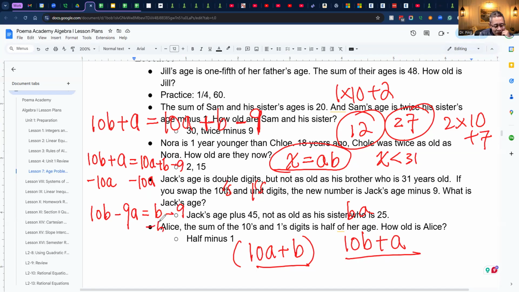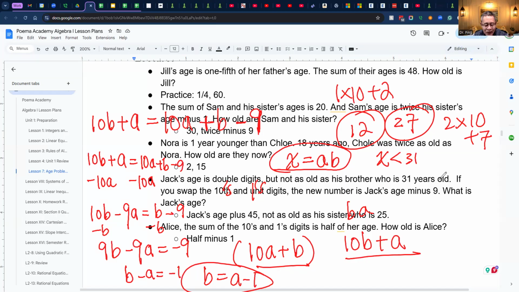Now we minus b on both sides. So we got 9b minus 9a equals minus 9. Then 9 is a common factor. We divide that. So b minus a is negative 1. So b then will be a minus 1.